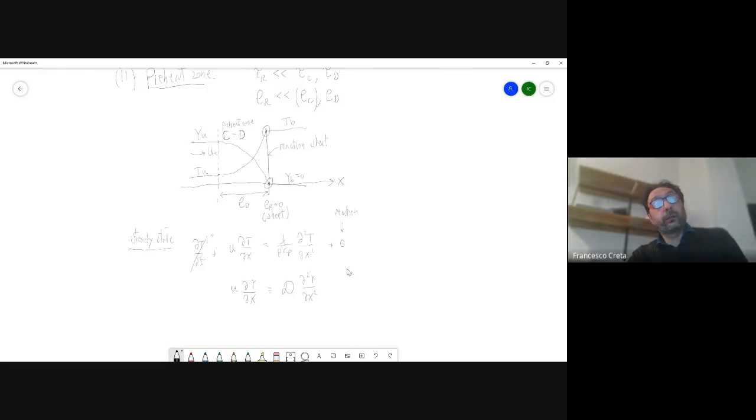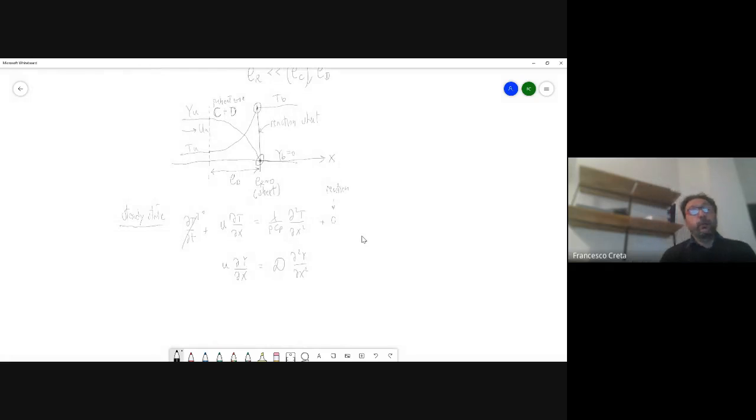So in the preheat zone, there's a balance between convection and diffusion. We can also take a look at the signs here, because look at the positive x. So u here in the preheat zone is positive, right? In the growing x.